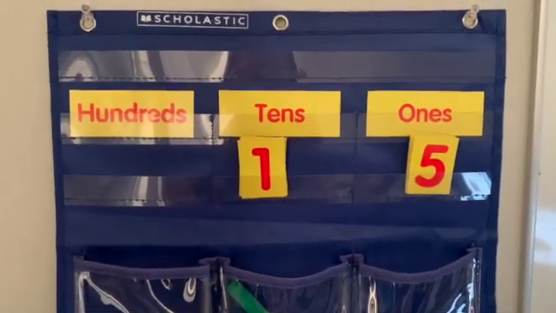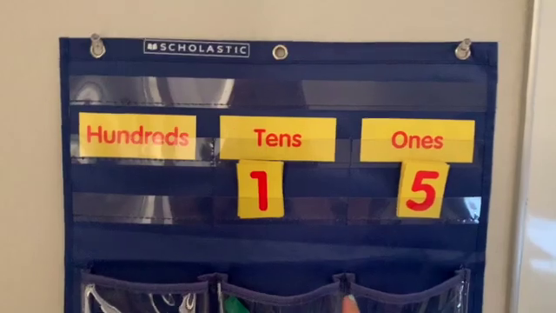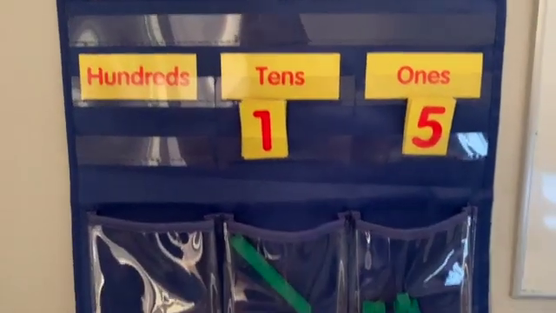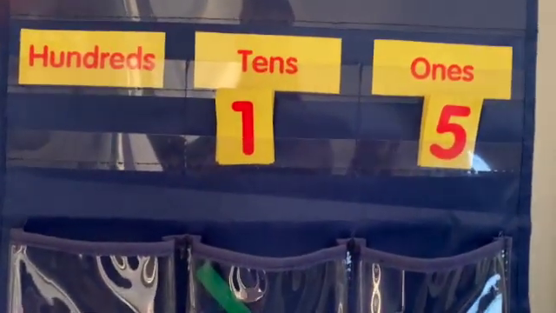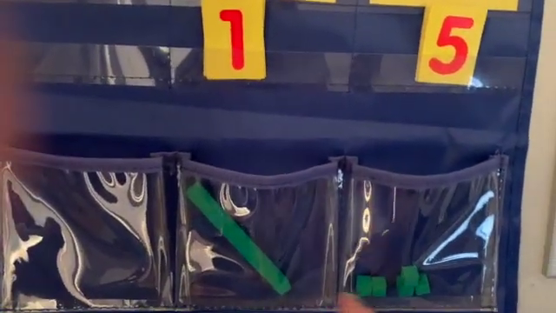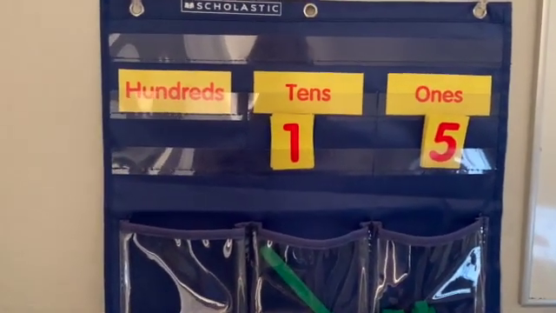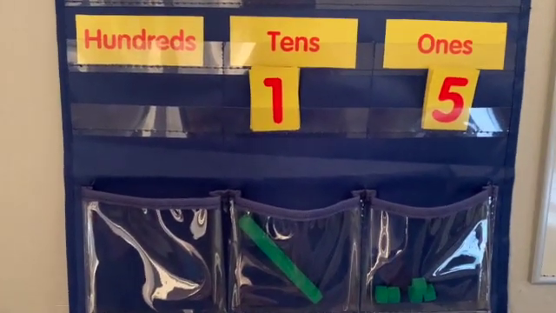Let's start by looking at our place value chart. This shows us the number of days that we have been in school, 15 days. And underneath our tens and ones, we have the base 10 blocks. I'm going to show this now on my whiteboard, and I want you to follow along on your pocket sleeve, please.